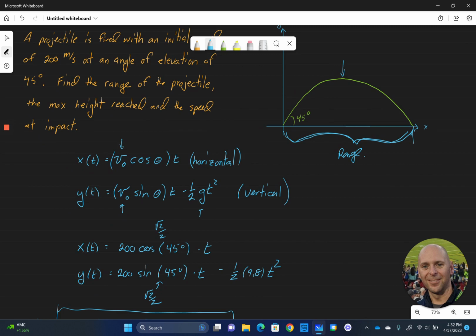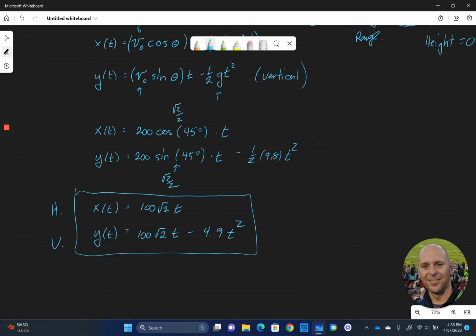And the thing that we want to make a note of is that when it lands, its height is 0. So what that would indicate to us then is that our vertical component, or our height, would be equal to 0. And what that'll allow us to do then is solve for the time at which we hit the ground. At that point, I just need to know how far it went, which is the horizontal component.